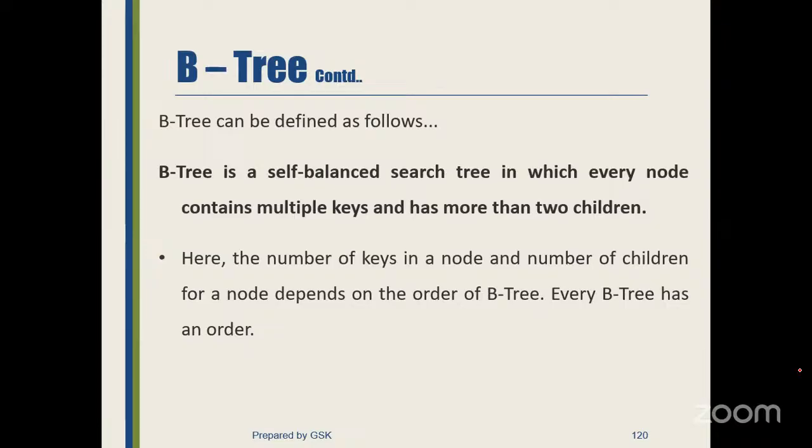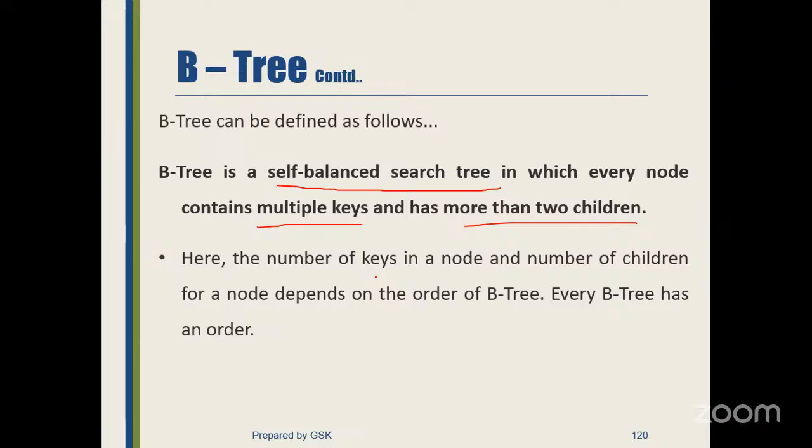So depending on those two important properties, a B tree can be defined as a self-balanced search tree in which every node contains multiple keys, more than one, and has more than two children. This is the definition of the B tree.